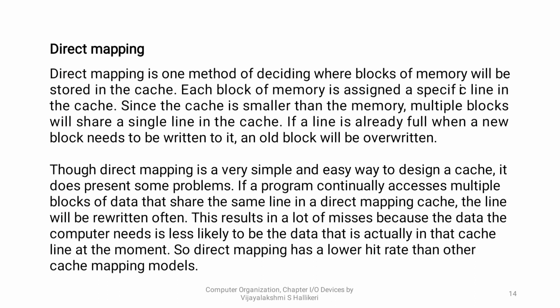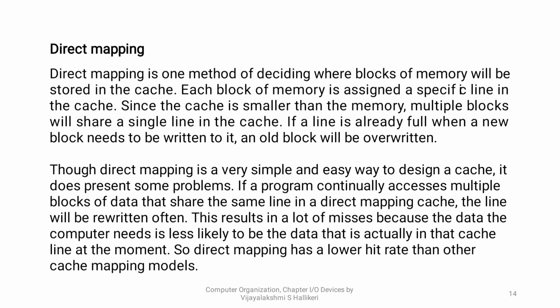But whenever a block is copied, in which line it is to be copied is calculated, and in that line of cache only that block of main memory is copied. Though other lines are free, they cannot be used. And if multiple blocks are mapped to the same line in the cache multiple times, it has to be rewritten. So that is the disadvantage.